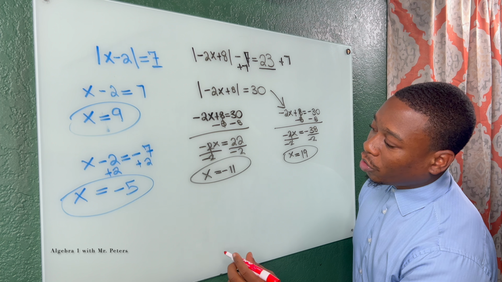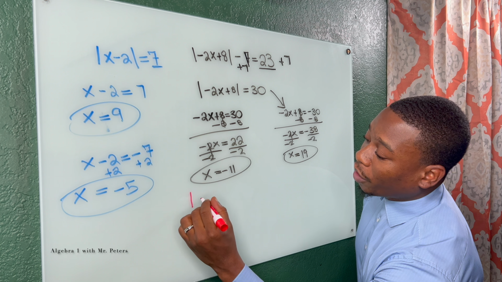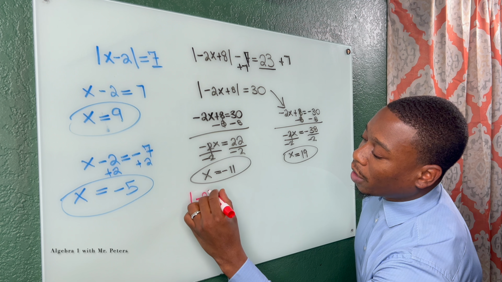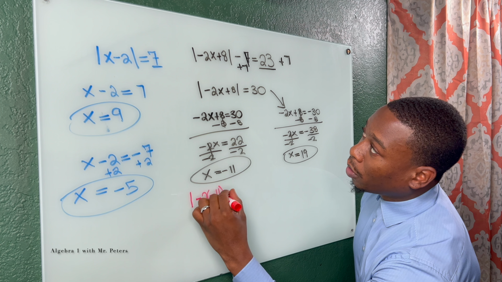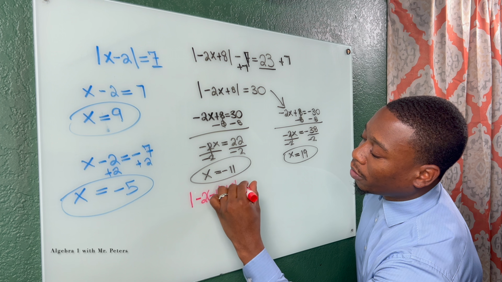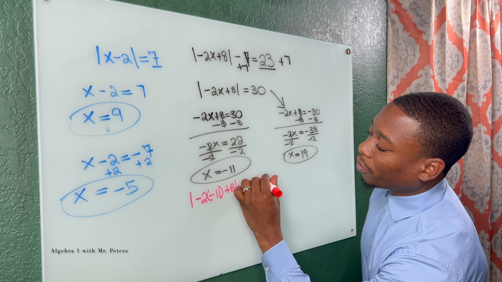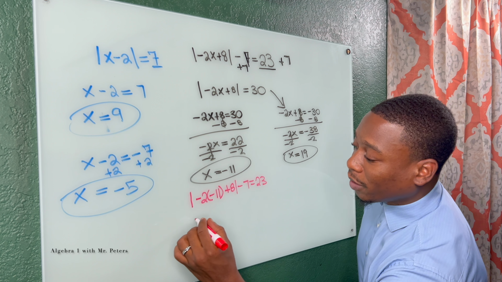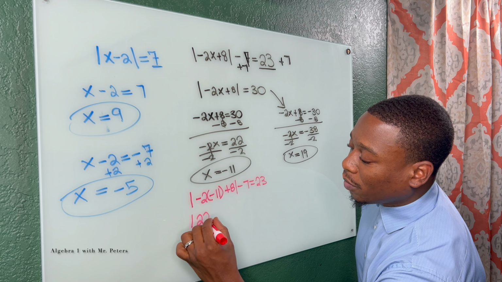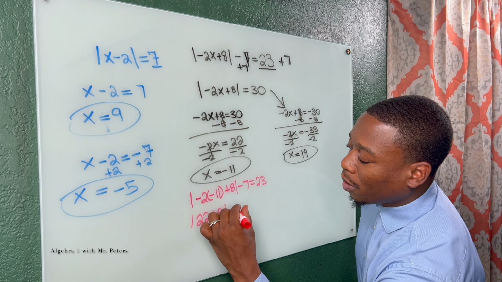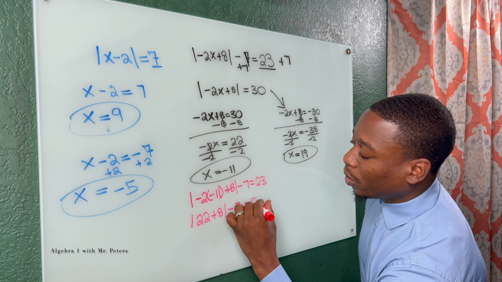So what is the original equation? We have the absolute value of negative 2 times negative 11 plus 8 minus 7 is equal to 23. So when I simplify this, we have the absolute value of positive 22 plus 8 minus 7 is equal to 23.